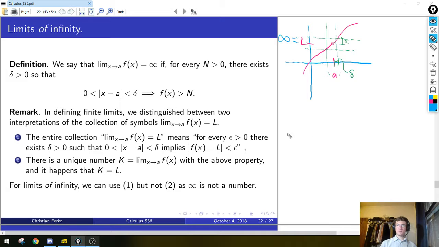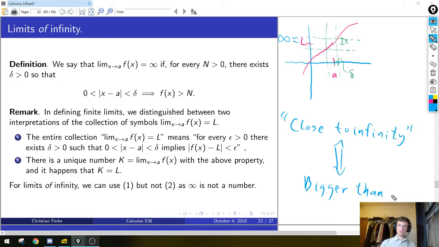But if you think about it for a moment, a reasonable way to fix that problem and generalize is to interpret the words "close to infinity" as bigger than some number, maybe a huge number, say n. So you're kind of close to infinity if you're always bigger than 100. You're a bit closer if you're always bigger than 1,000,000. You're even closer if you're always bigger than 10 to the 900, whatever.